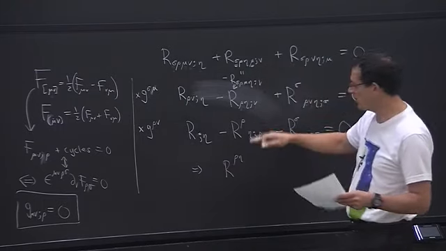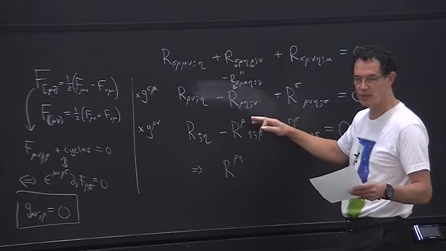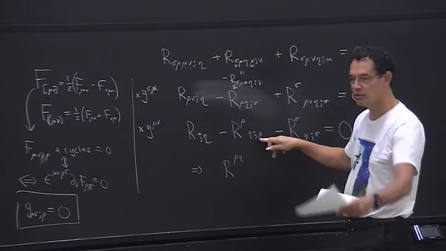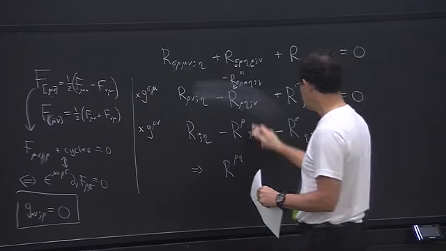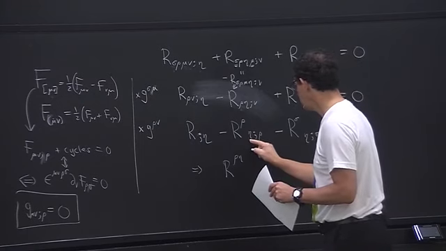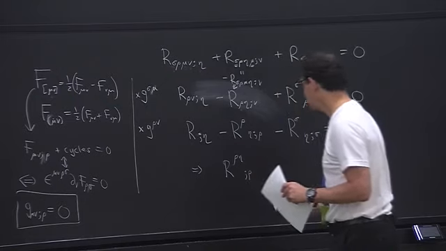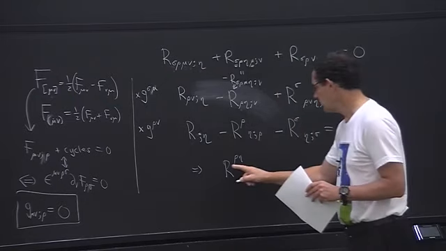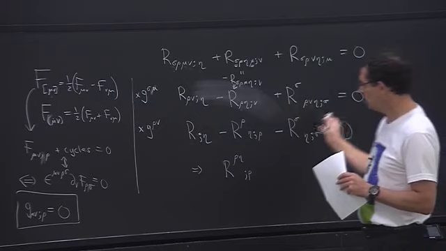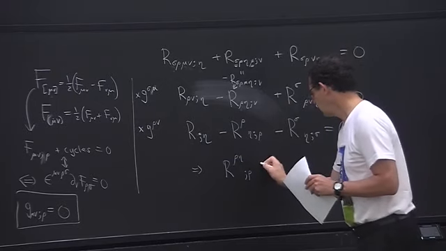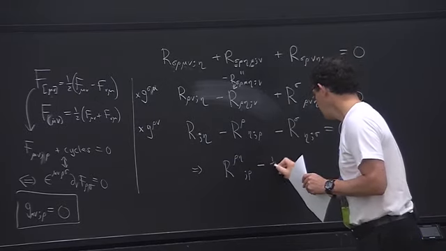I can raise and lower indices in this equation with g's because they go through the derivatives. So I can just raise the eta index, and I can write this as R rho eta semicolon rho, and these two terms are identical, so I have a factor of 2, divide by the 2, and I'll get minus 1/2.